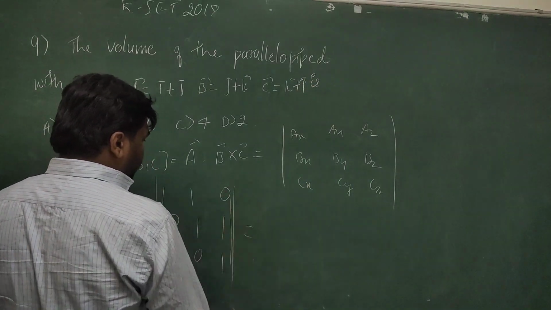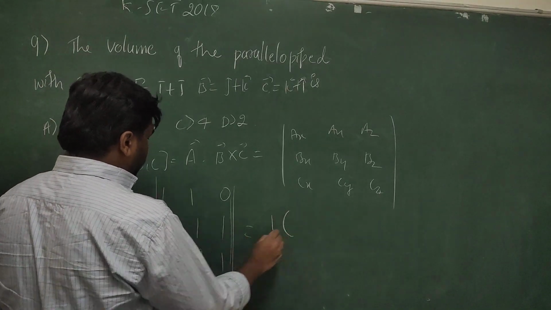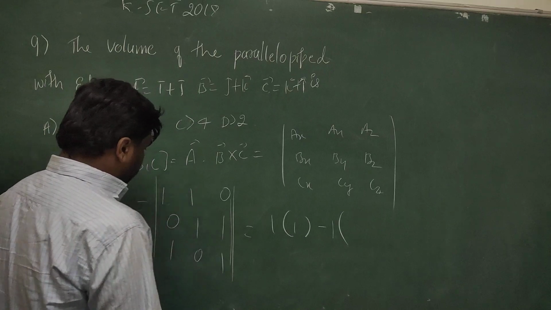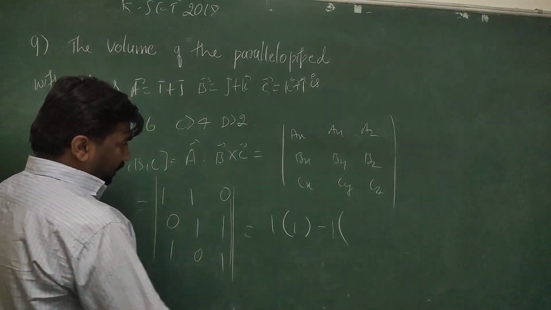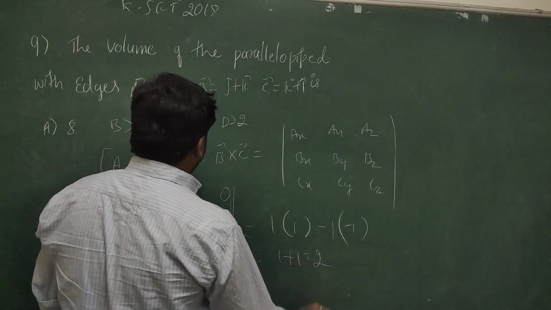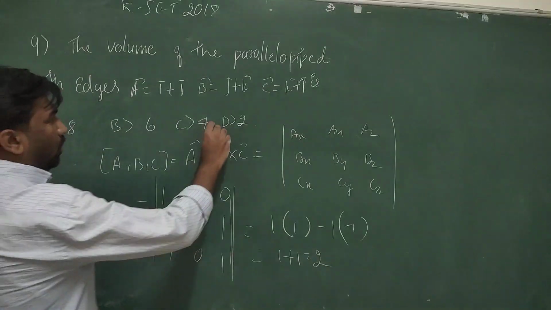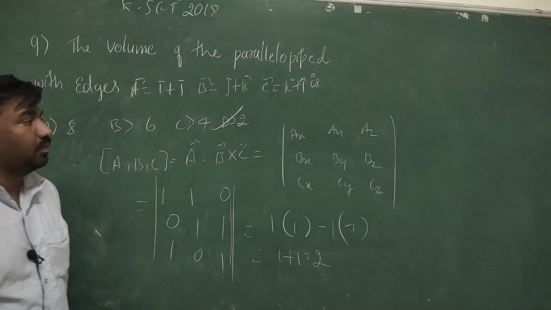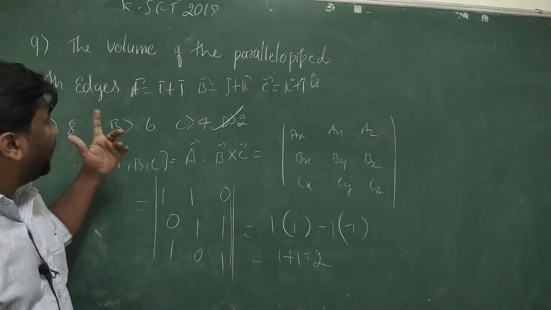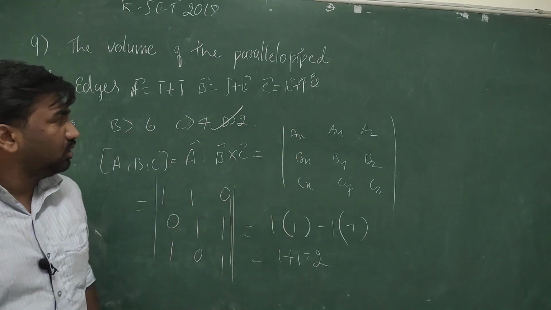Then which is equal to 1 into 1 minus 1 into minus 1, which is equal to 1 plus 1, which is equal to 2. So 2 is the answer. So option number D is the correct answer. Volume of the parallelepiped with the given edges is 2.